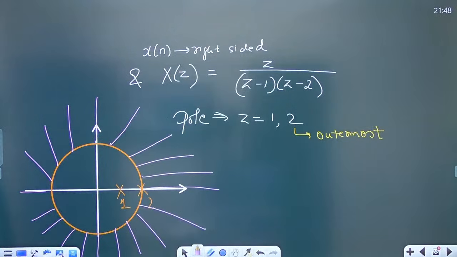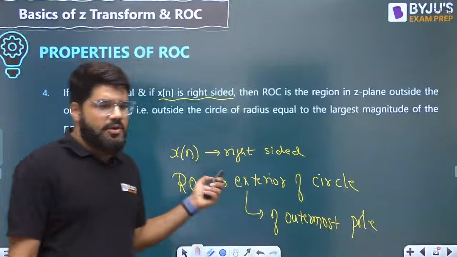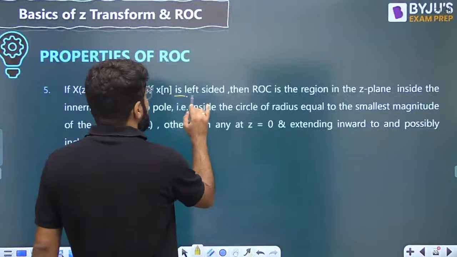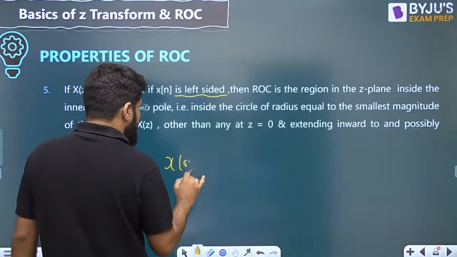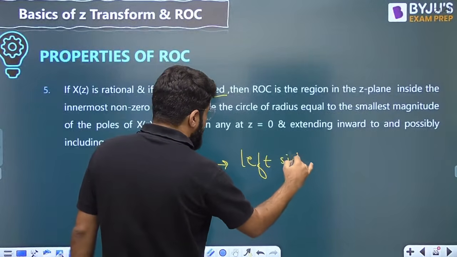Okay guys, this is a very important property. Similarly, if a signal is left-sided, what did we observe? Already we have observed; I'm just putting it as a property.